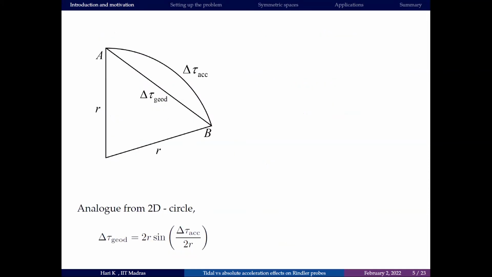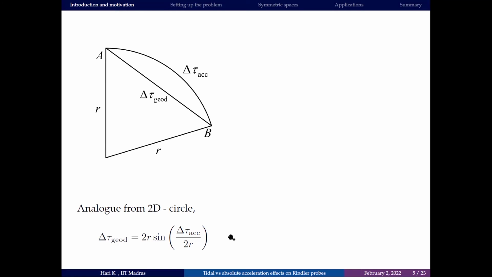Let me give an analog, a geometrical idea of what we are doing. Consider a circular sector. Points A and B are connected by an arc of the circle and by a straight line. The arc I denote as tau acceleration, and the straight line connecting A and B is tau geodesic. You can easily find that they are related by this expression.